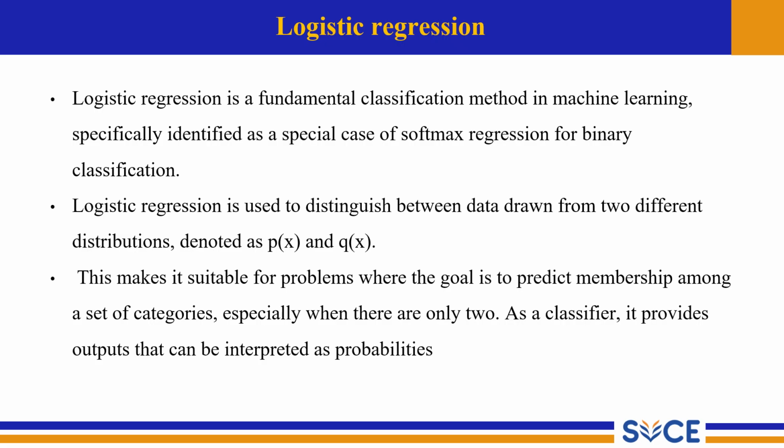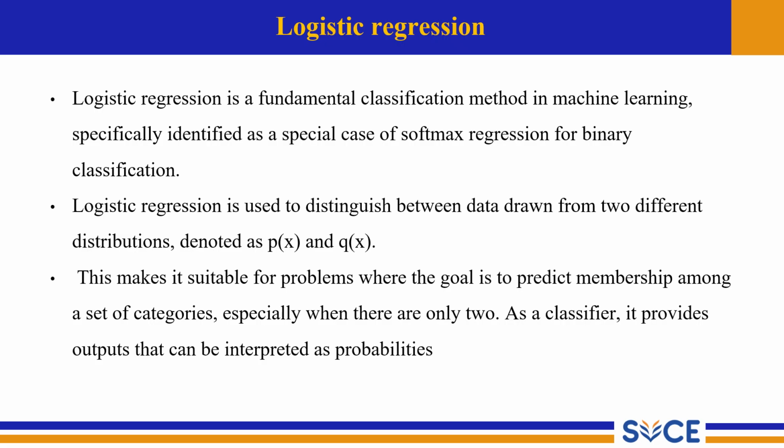Logistic regression. So in the first unit, the second topic is logistic regression. Logistic regression is a fundamental classification method in machine learning, and it is specifically identified as a special case of softmax regression, for scenarios in which the objective is to distinguish between exactly two distinct classes.